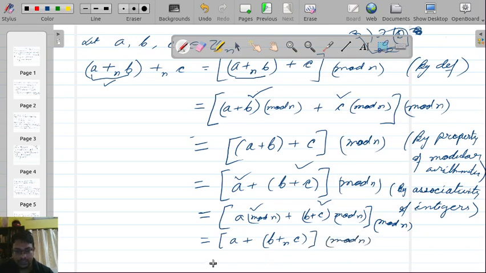But this is nothing but a plus modulo n of (b plus modulo n of c), by definition. So we have proved the associative property here. I'm sorry for the handwriting.